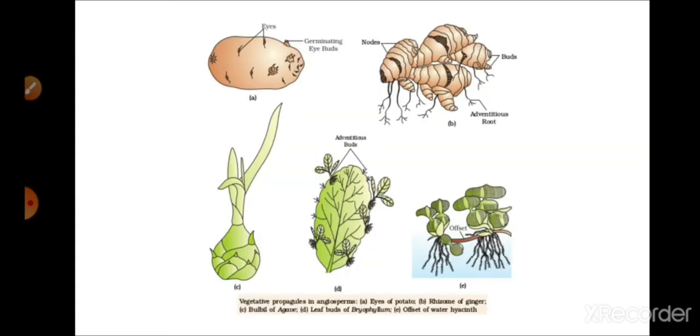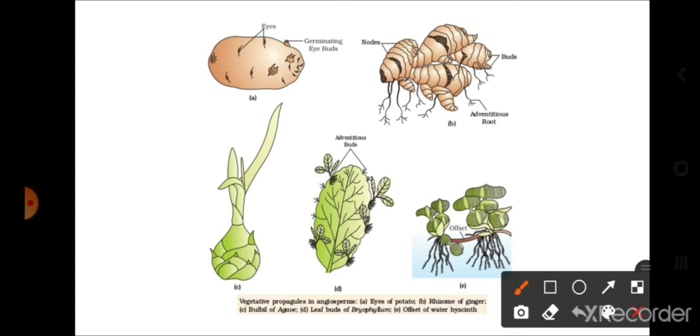See students, these are various vegetative propagules of the flowering plants, or of the angiosperms. The first one is the eyes of the potato tuber. All of you might have seen a potato. Potato has eyes.